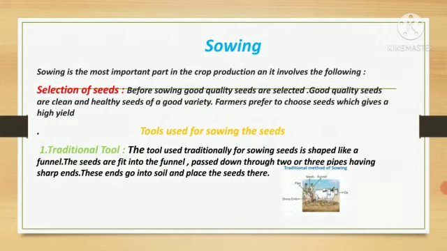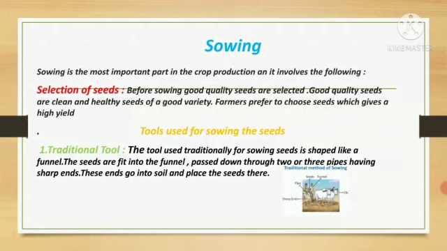Sowing is the most important part in the crop production. It involves the following. First we have selection of the seeds. Sowing is an important process in crop production. The first step is selection of the seeds. Before sowing, good quality seeds are selected. Good quality seeds are clean and healthy seeds of a good variety.